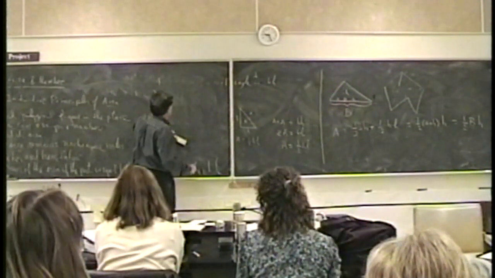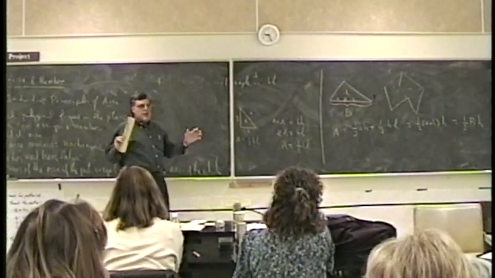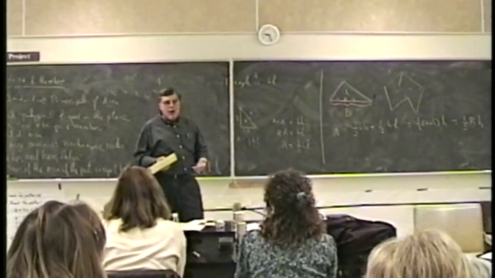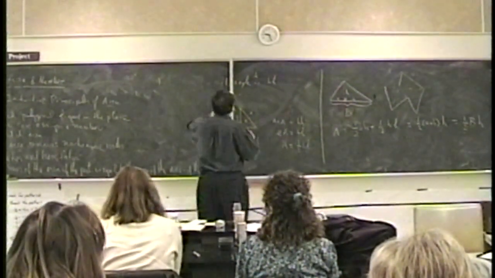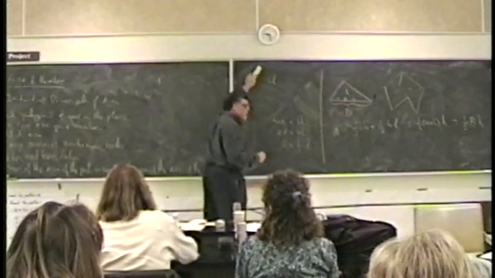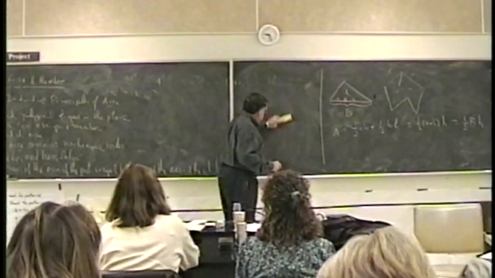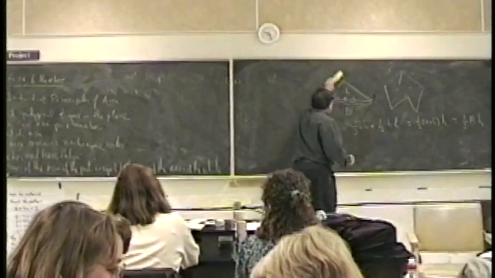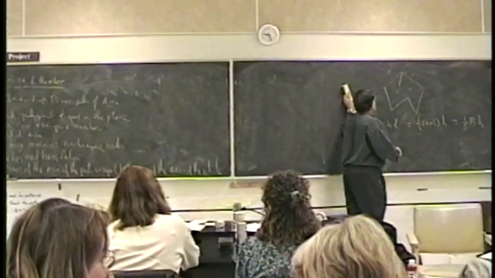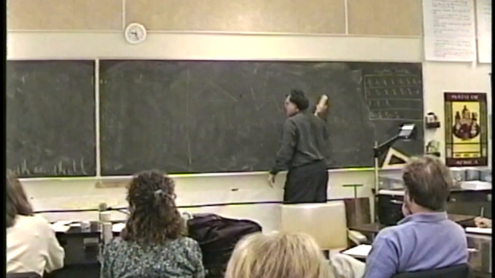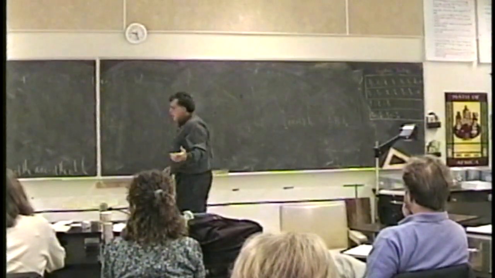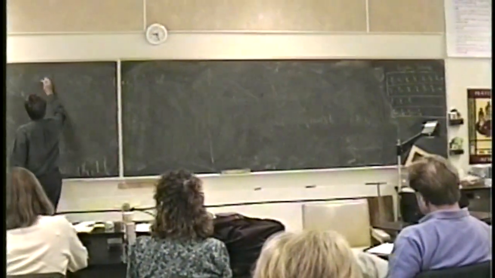I already told you that Xenophanes had argued that God was a ball. They also loved circles, because they're perfectly symmetrical. So now you have the problem of what is the area of a circle? What is the area of a circle?